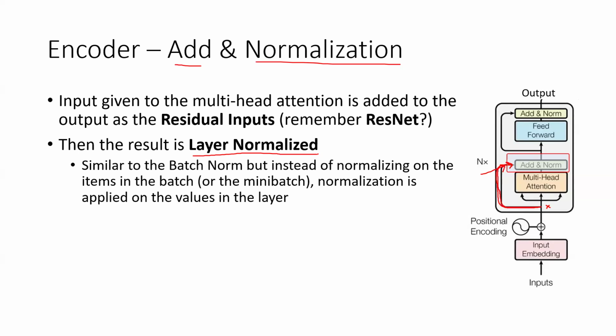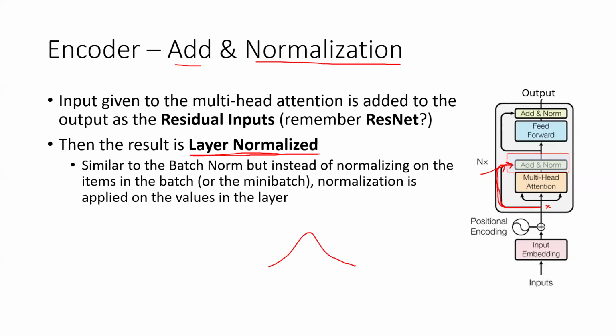But in this case, instead of data batches, you are using the parameters in this layer, the weight matrix values, and then you are normalizing these parameter values so that none of the parameters in this layer are too large or too small, right? So we are trying to make sure that they are following a normal distribution, right?